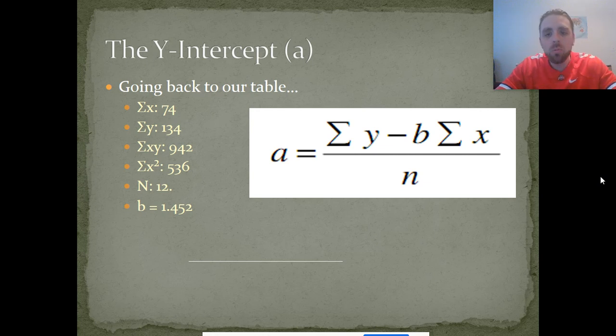And A is equal to the summation of Y minus B times the summation of X, over the sample size. So this should be expressed as 134 minus 1.452 times 74, over 12.